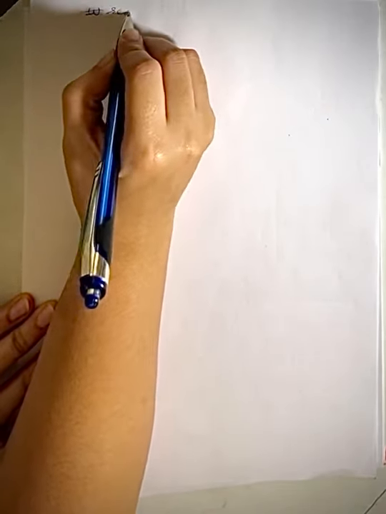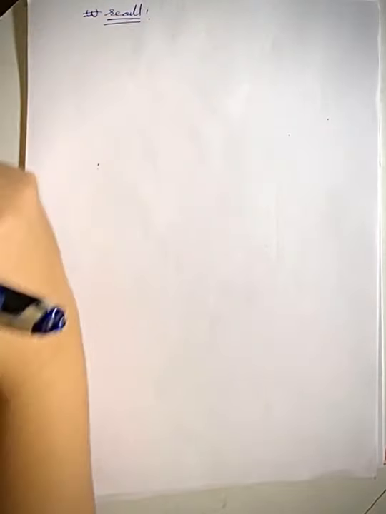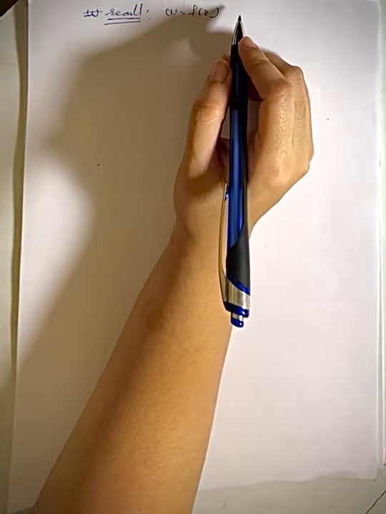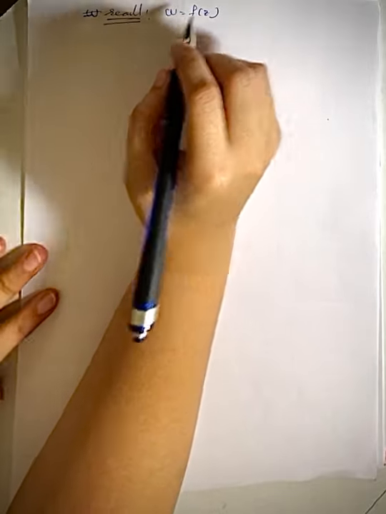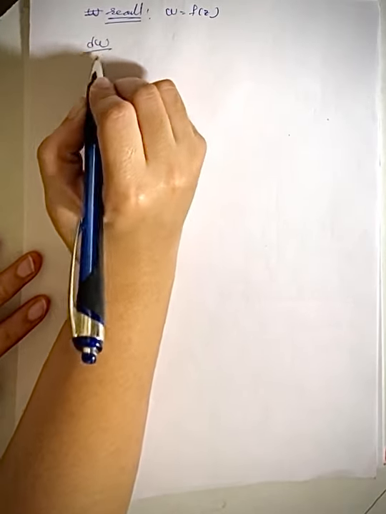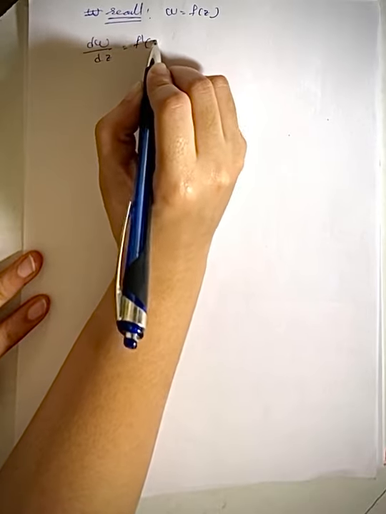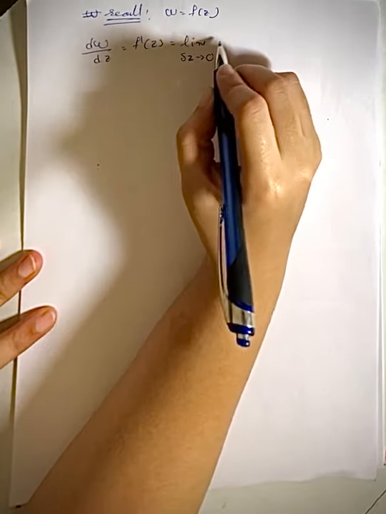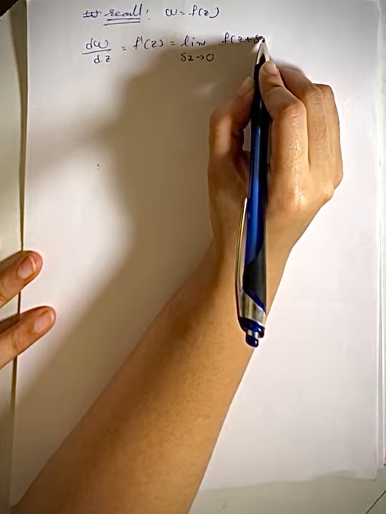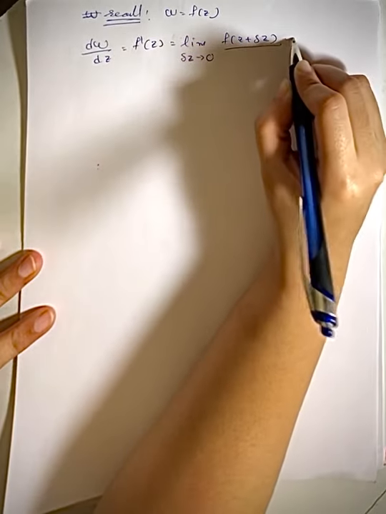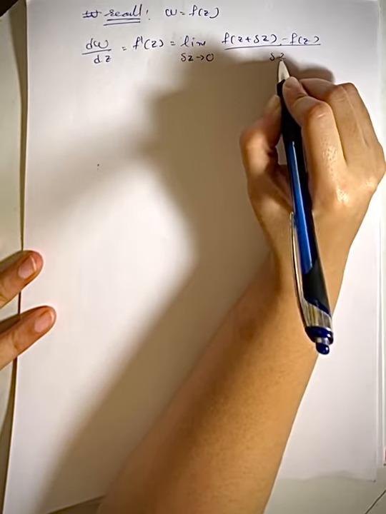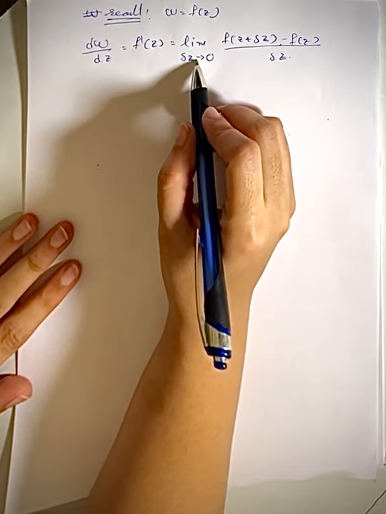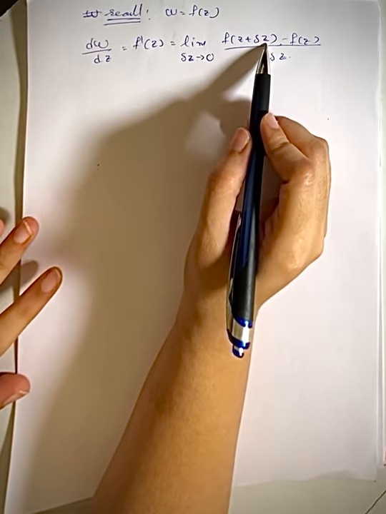Recall that we defined w equals f of z to be a single valued function of the variable z, and then the derivative was defined as dw by dz equals f prime of z equals the limit as delta z tends to 0 of f of z plus delta z minus f of z, the whole divided by delta z. But this is valid provided that the limit exists as delta z approaches 0.